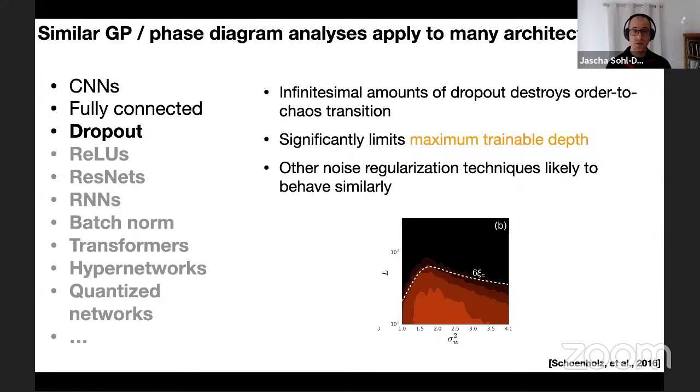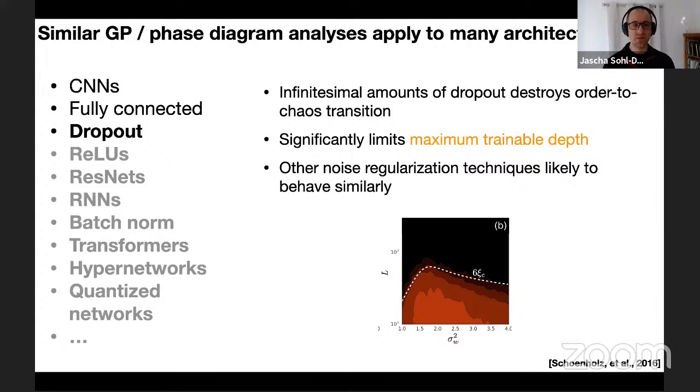So here I'm showing an analysis of the effect of dropout on trainability. Each pixel in this image corresponds to a network of a specific depth L, initialized with a specific weight scale sigma squared W, and the bias scale sigma squared B is fixed for this entire plot.